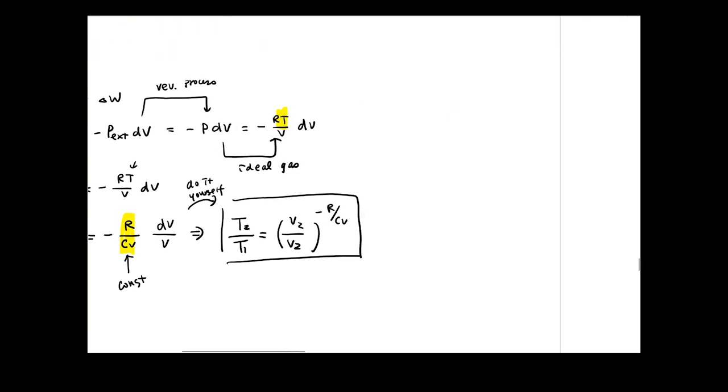After you do this expansion under adiabatic conditions, the final temperature T2 is related to your initial temperature T1 through a volume dependence, through V2 over V1.